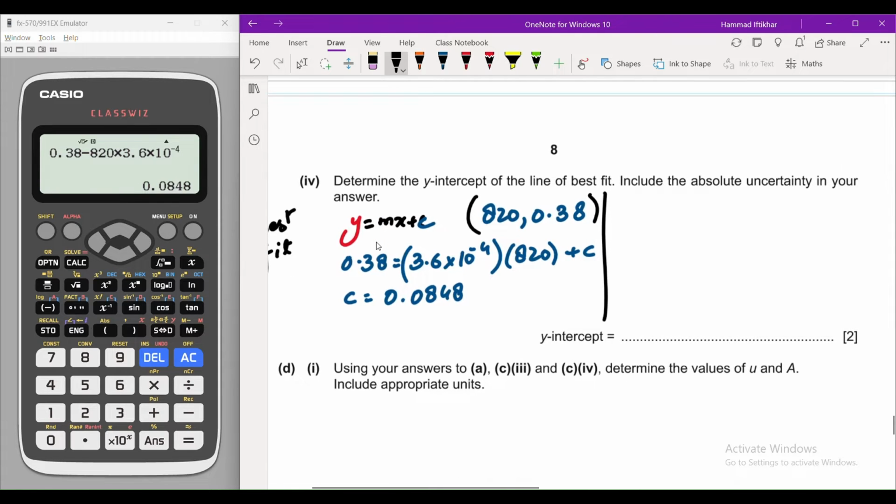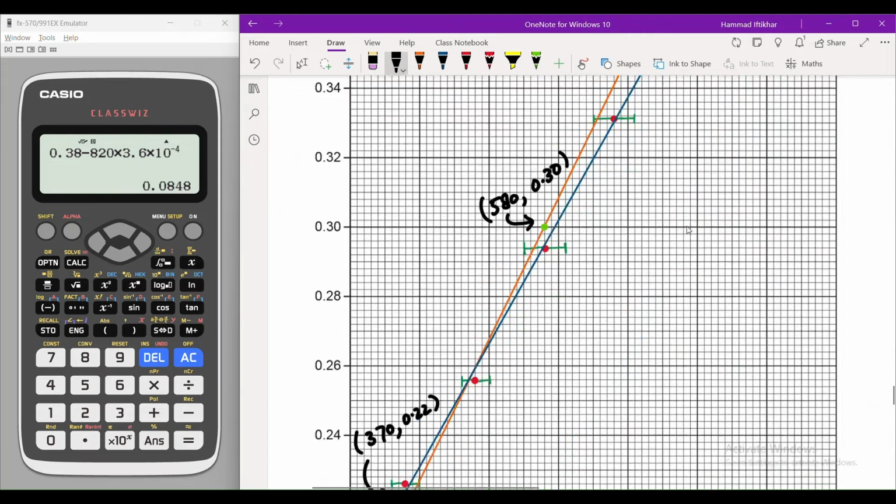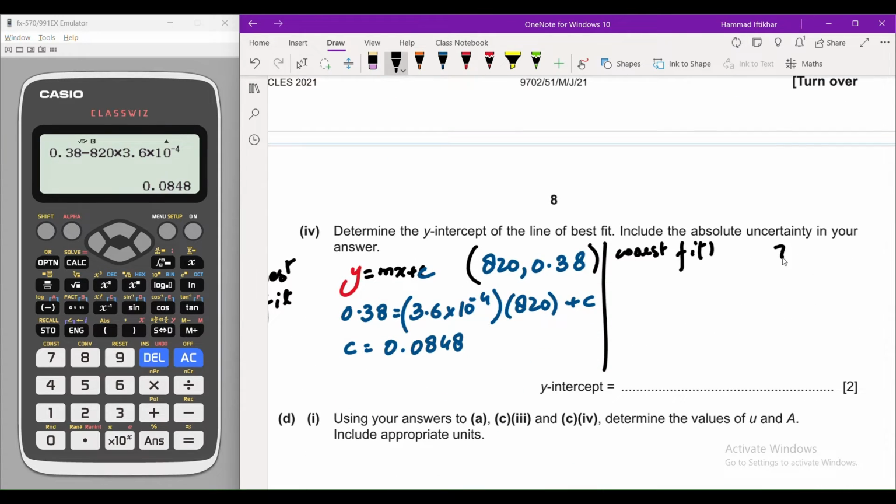Okay. Now to get the uncertainty, we need the worst fit. One of the points that we took was 750, 0.37. Right, so we will do the same process again.